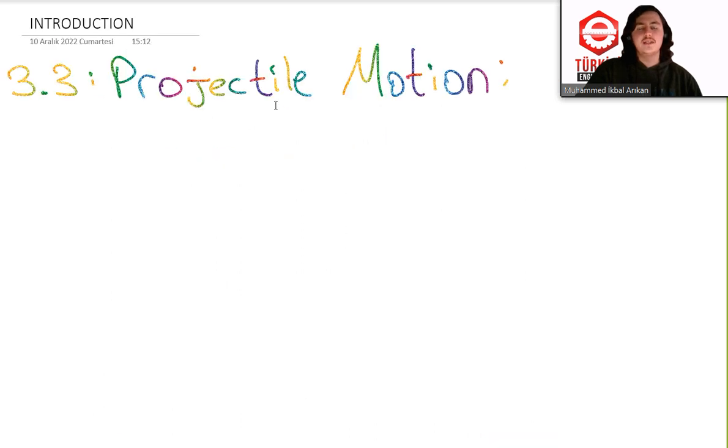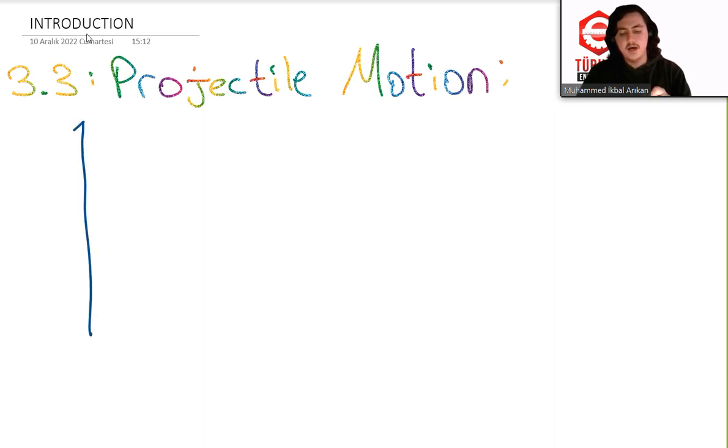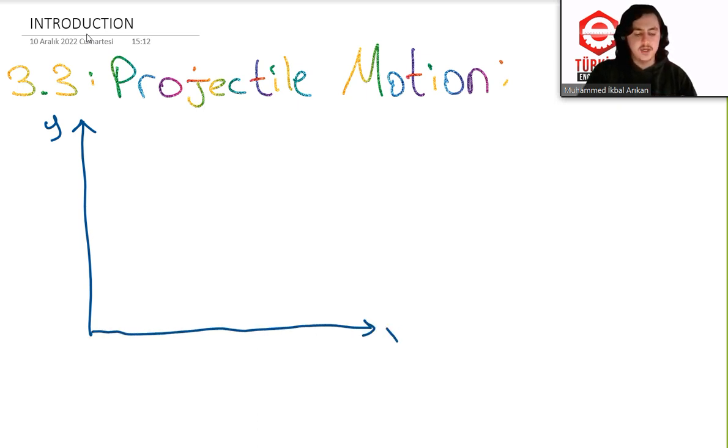When you understand acceleration in a plane, you can easily understand how projectile motion happens and how you can apply the rules which you learned before. So I will put my axes, y and x, because it will be just motion in a plane. I must have two directions, y and x.